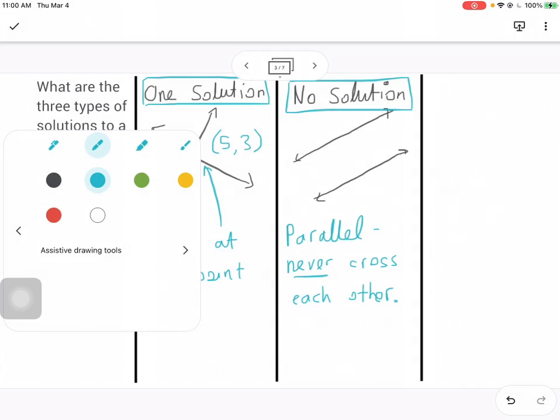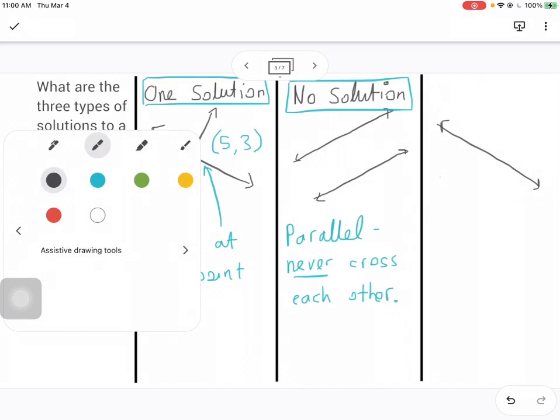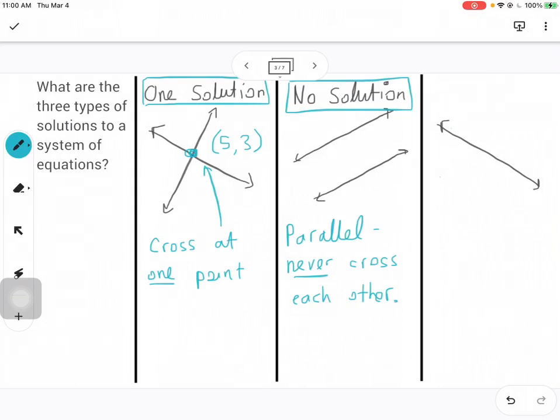The last case is when we have one line and our second equation is the same line. So notice these lines are on top of each other. So we would say this is the same line.